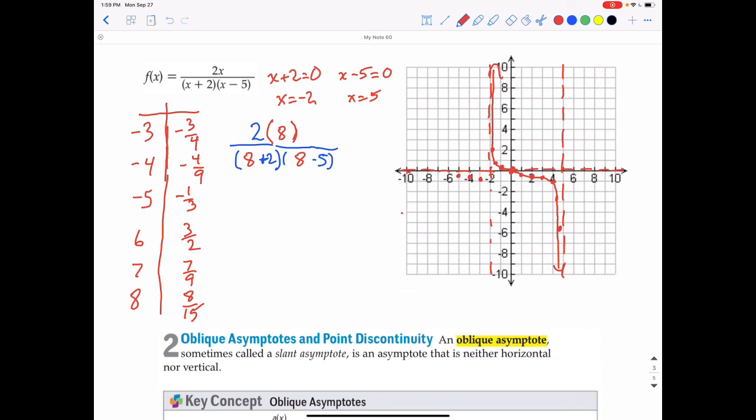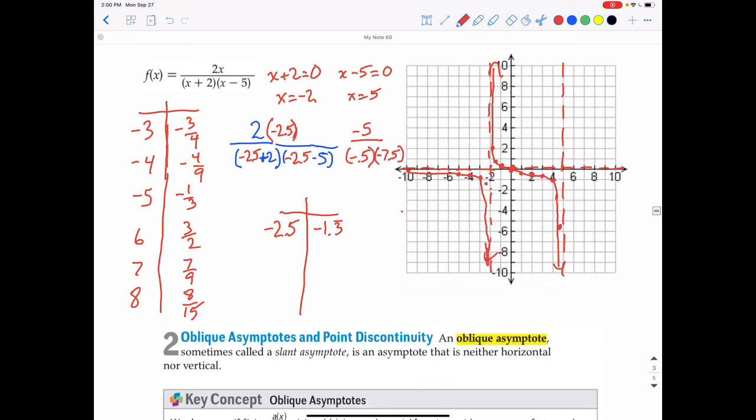And for good measure, if we throw in a number that is a little bit closer to the left asymptote, let's say negative 2.5. So when you plug in negative 2.5, you get negative 1.3 repeating. So when I graph negative 2.5, negative 1.3 repeating, you can see that it is starting to drop at that point. So I think it's a pretty safe bet that the left side is going to look like this.